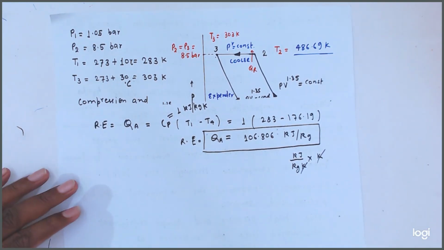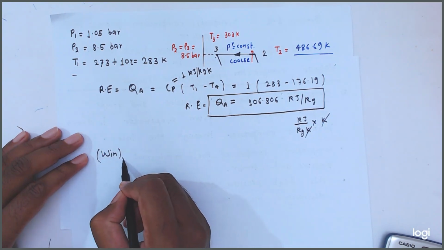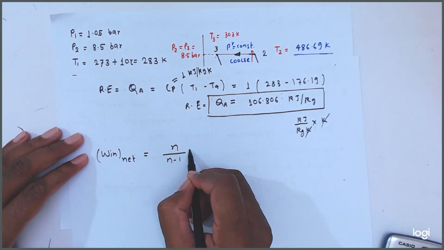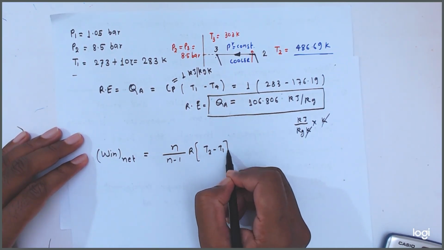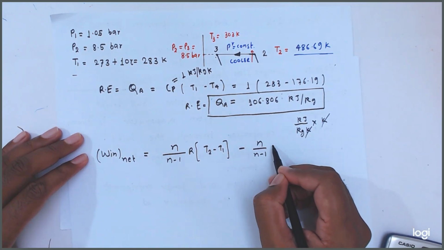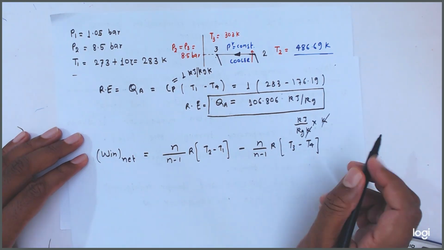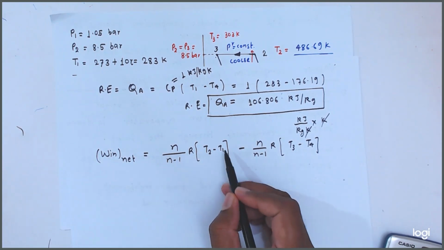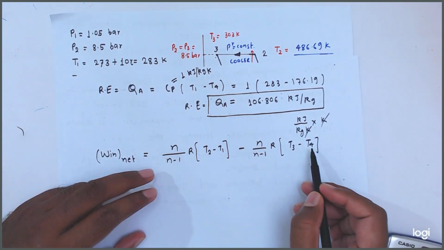Now we will find the net work input, equal to n upon n minus 1 into R into (T2 minus T1) minus n upon n minus 1 into R into (T3 minus T4). Don't be confused by this big formula.